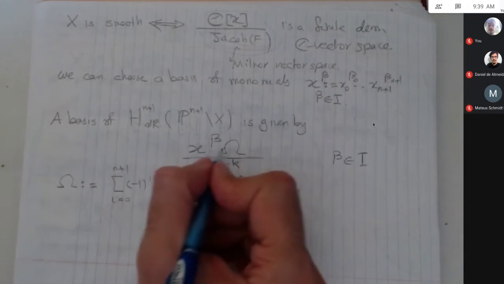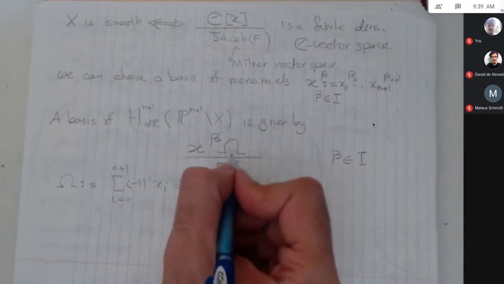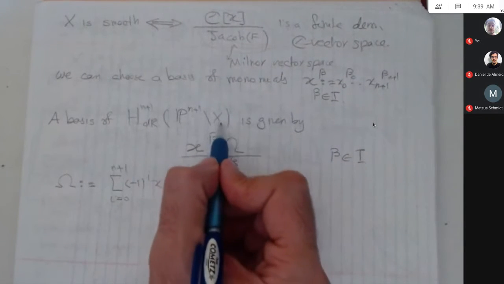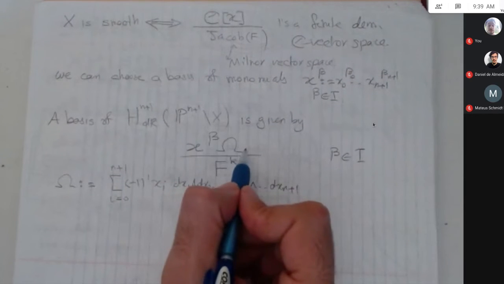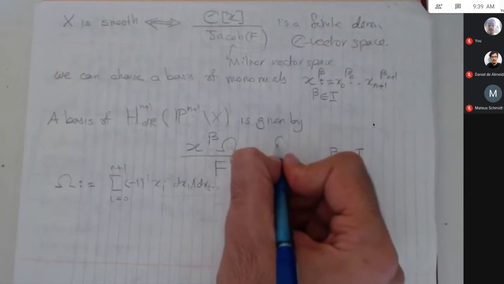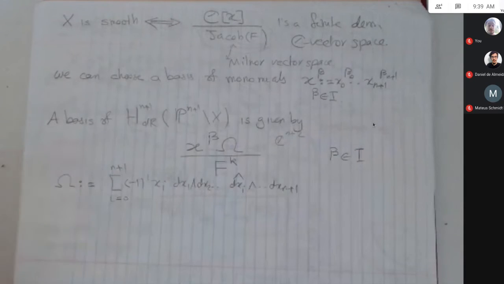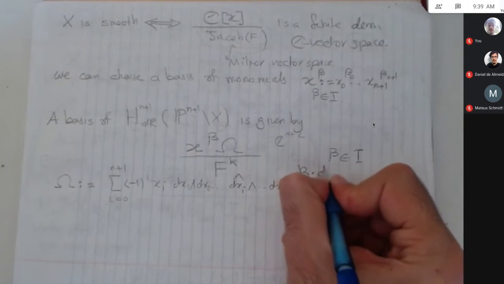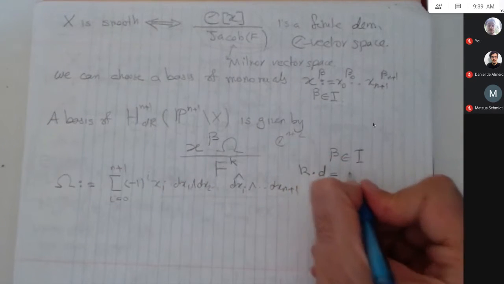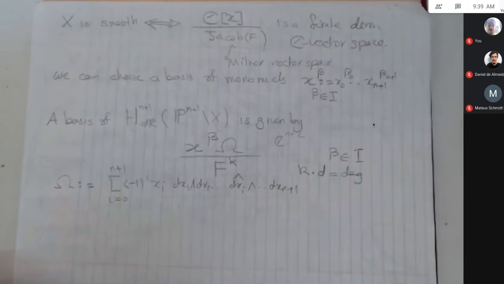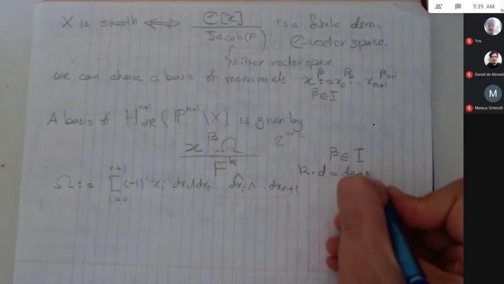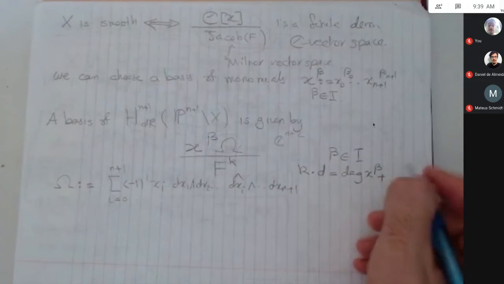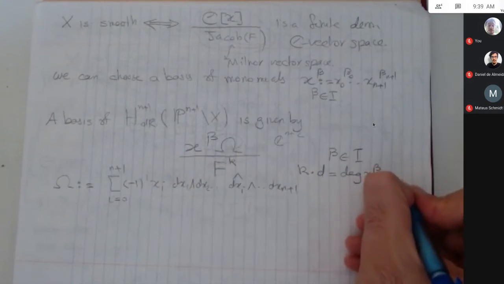And then the degree of the denominator must be the same as the degree of the numerator, such that this goes to some differential form, because it is written for the moment as a differential form in C^{n+2}. So in order to have the degree, k d, where d is the degree of F, must be the degree of x^beta plus the degree of this omega, which by definition is n+2.